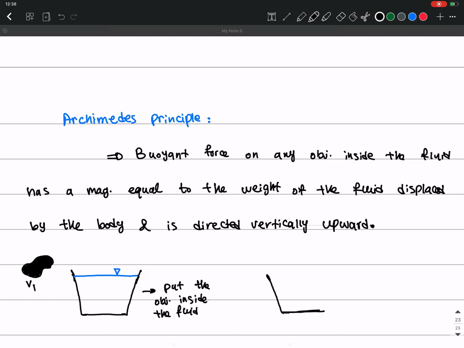We will see that water goes out, right? Some water is displaced, and goes out.